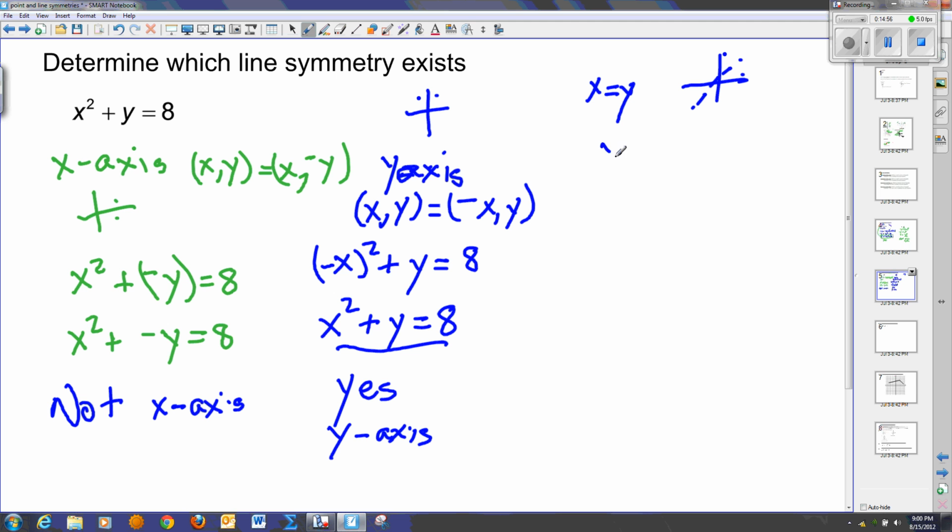So I'm going xy maps over to yx. So now I'm going to switch the x and the y values in my original equation and hope that I get the same outcome.